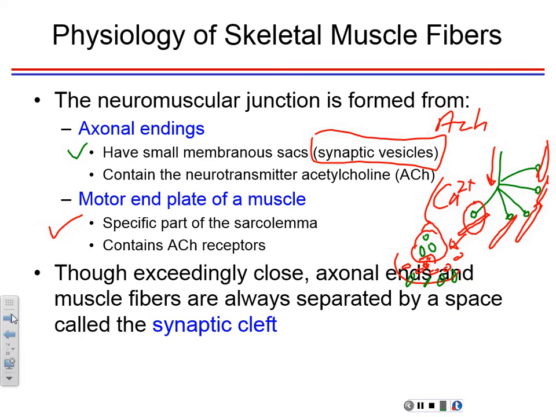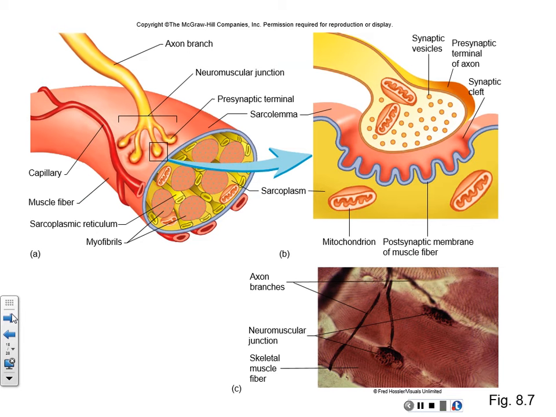The connection between the neuron and the muscle cell is functional, not physical. That's what's called a synapse.